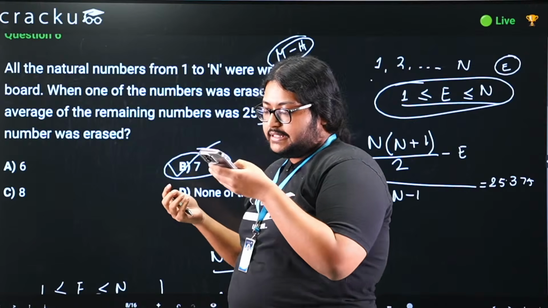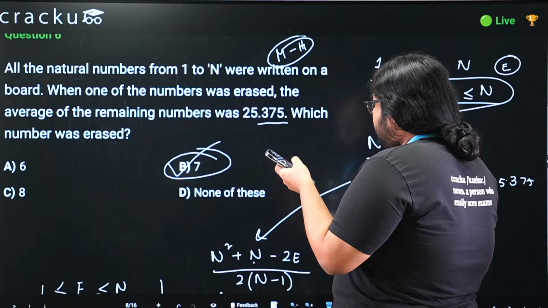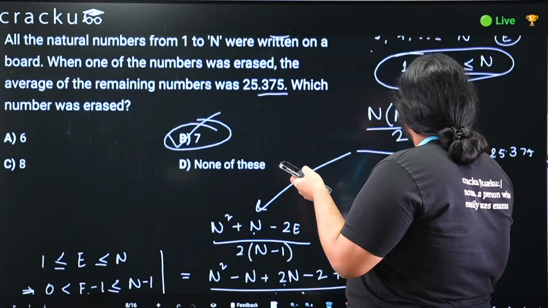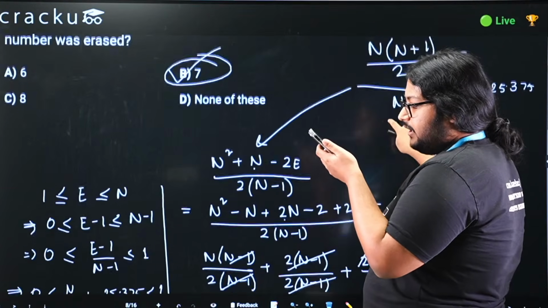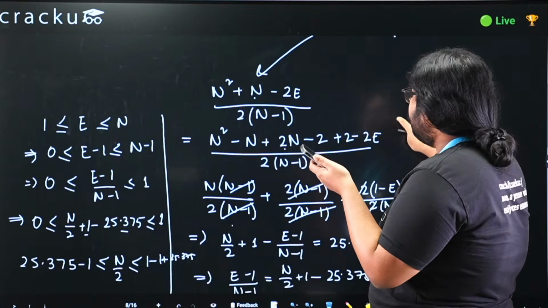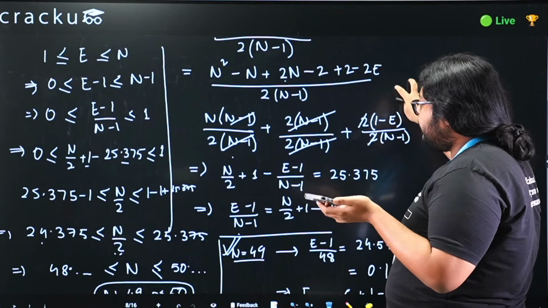Why assumed it is an even number? Where are we assuming anything to be even? Yeah, so nowhere are we assuming it to be even, right?